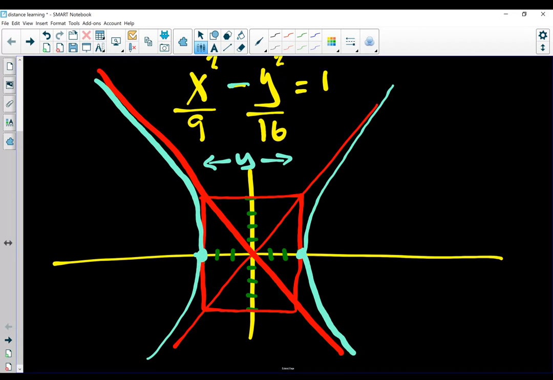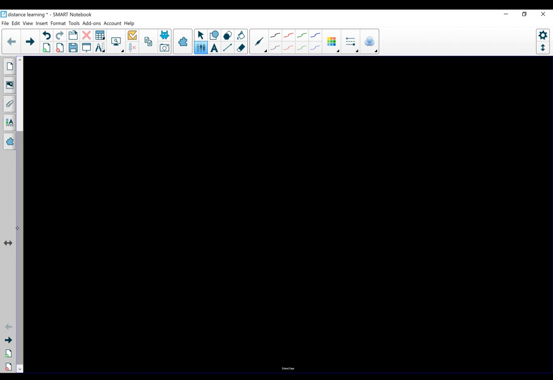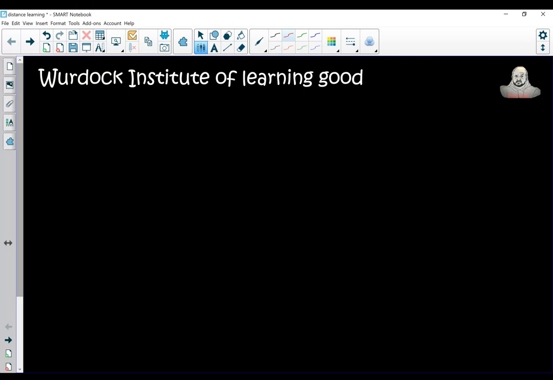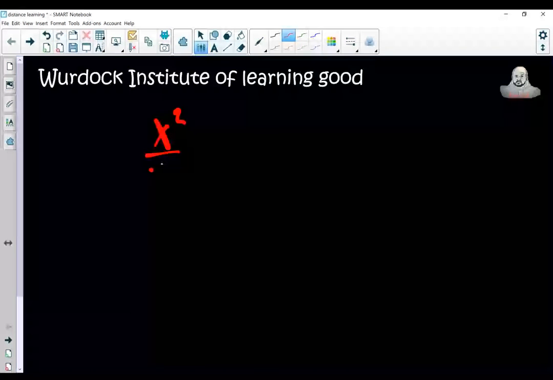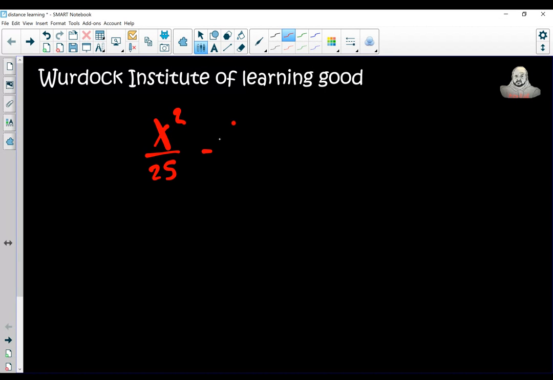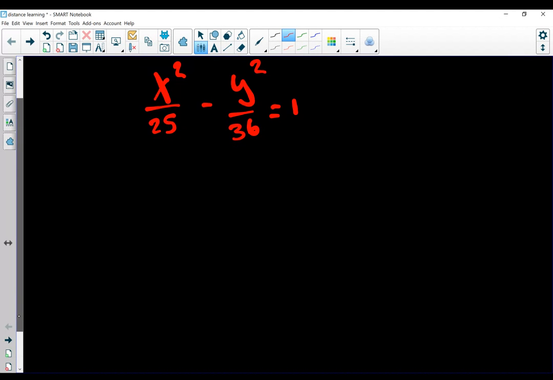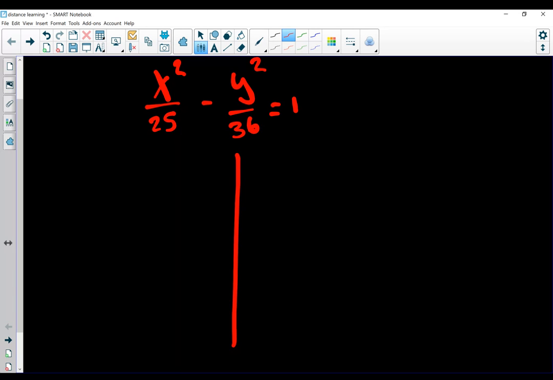So we're going to try another one very similar to that. x squared over 25 minus y squared over 36 equals 1. This again, since it has nothing in here like x minus 2 or y plus 5, it's centered at the origin.